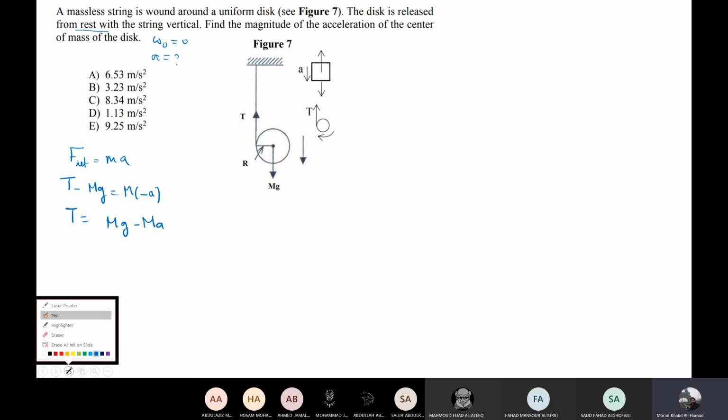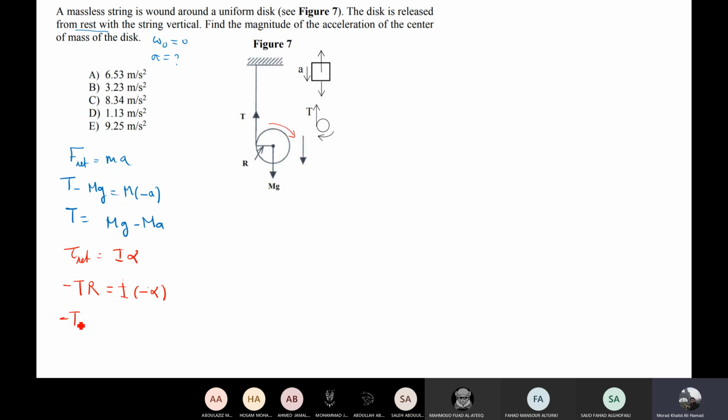Now I will go to the rotational motion. Here I have tension, so tau net is equal to I alpha. Is this one clockwise or counterclockwise, guys? Clockwise. It is clockwise, so it's minus. So minus T R is equal to minus I alpha. Here we have a uniform disk.